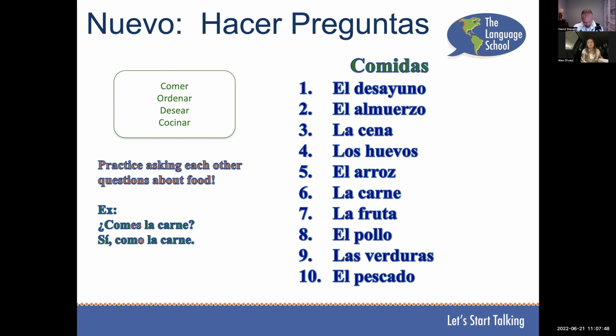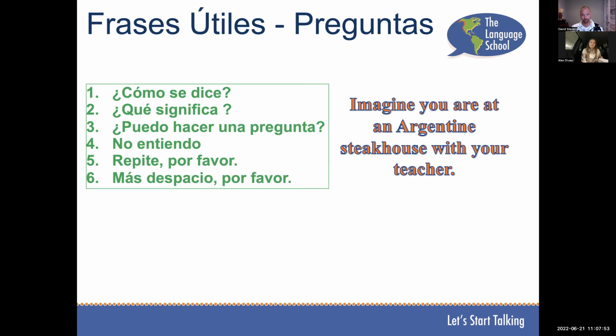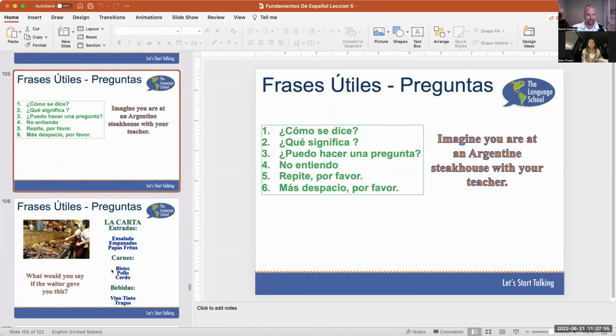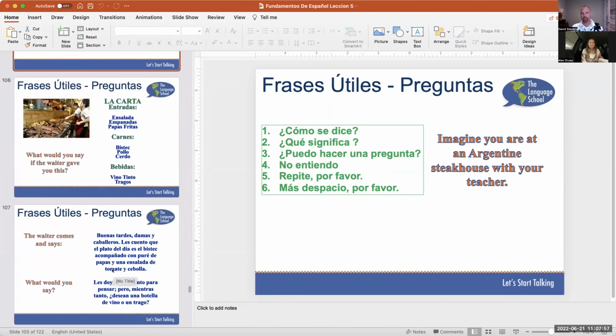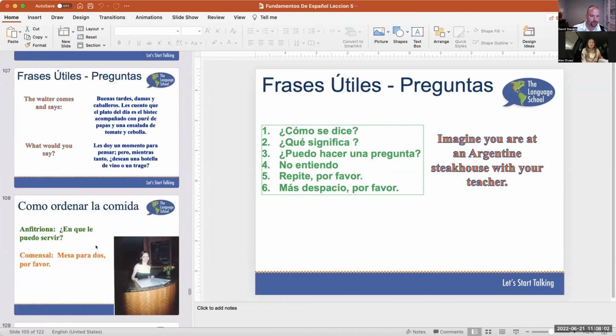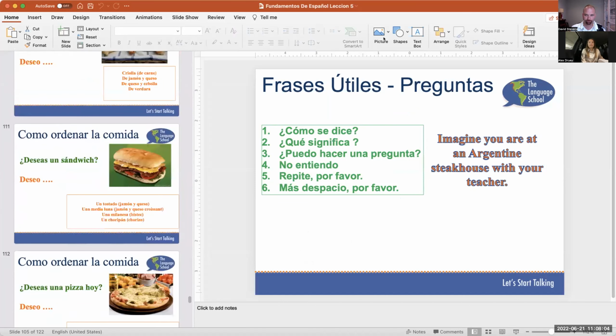A veces ordeno el pescado. Okay, good, right? So that's what we're trying to get at, the tú form and the yo form going back and forth. Does that make sense? Yes.